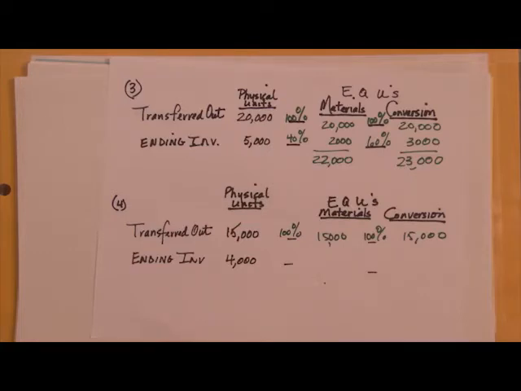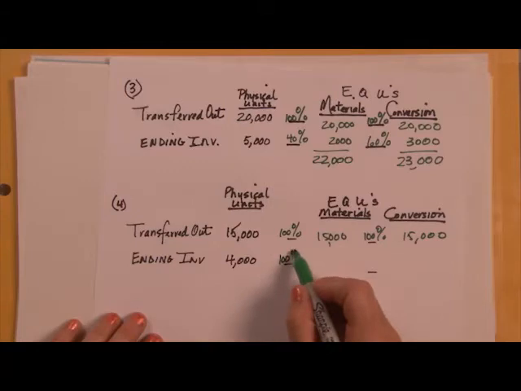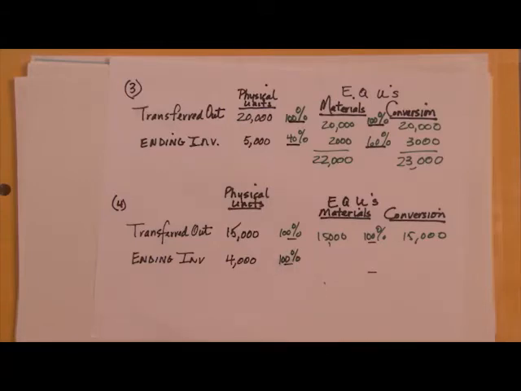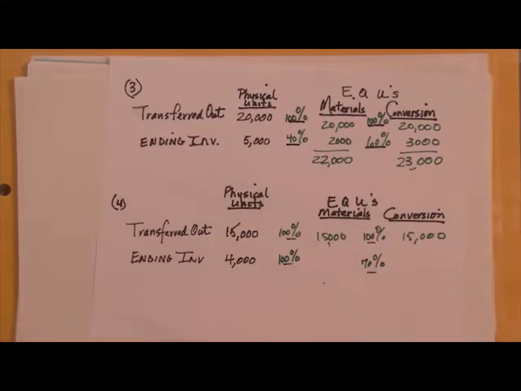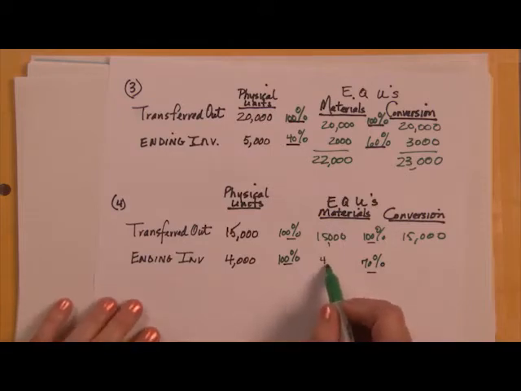So the materials are dumped in just as soon as they hit this particular department. So when it says that, you will know that materials are at 100% because they all were dumped in at the beginning. So by the time we're looking at ending inventory, we're confident that the materials are already in there. And we'll do 70%. Again, the production people would give us that information.